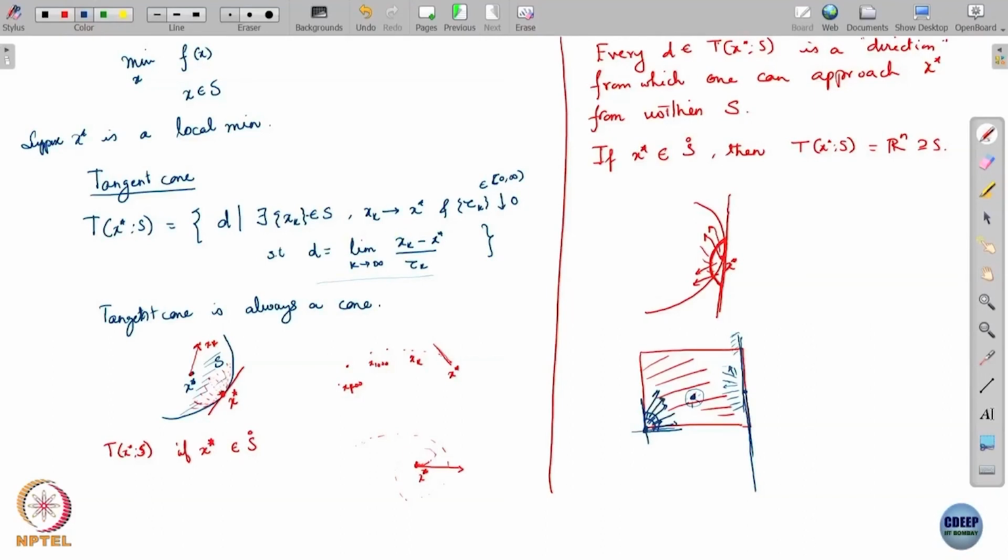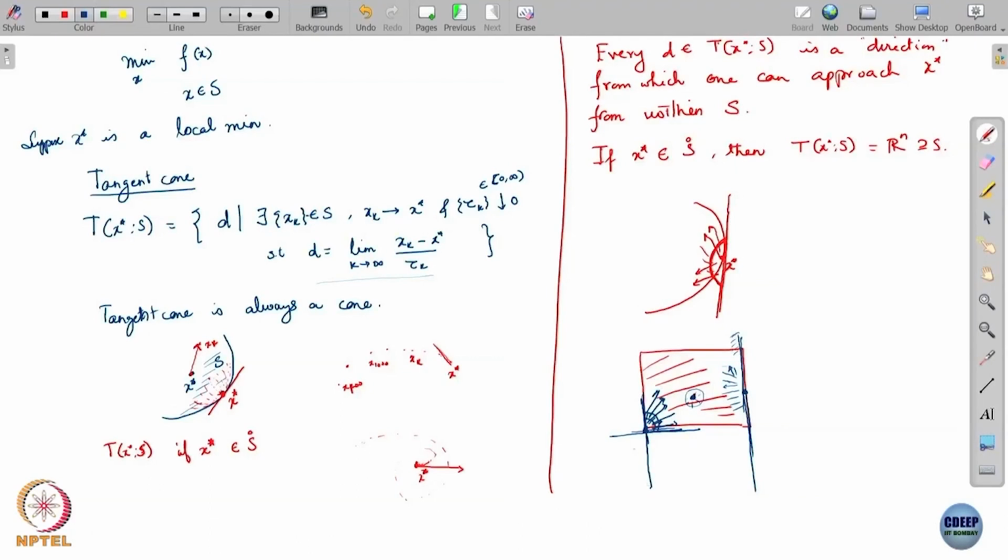Now the reason this has changed is that in both cases you are on the boundary. When you are on this boundary, you have exactly one tangent to the set, whereas when you are at this corner, what is the tangent to this set? The tangent is actually not defined. What you have is tangents to this particular surface, and tangents to this particular surface.